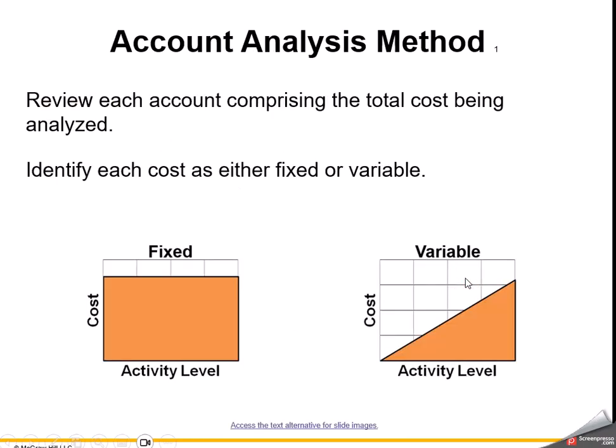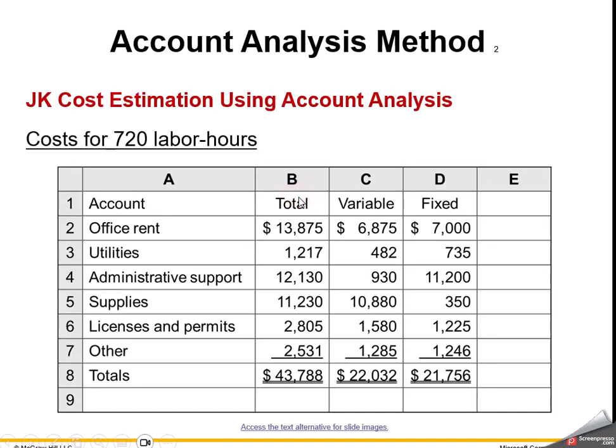Our account analysis is when we look at our total cost associated with each activity or each product. So again, we've got that fixed cost, and then we have variable costs that increase directly with our sales. Here, if we're going to use this cost estimation, we've got 720 labor hours, variable costs listed out and then fixed costs.